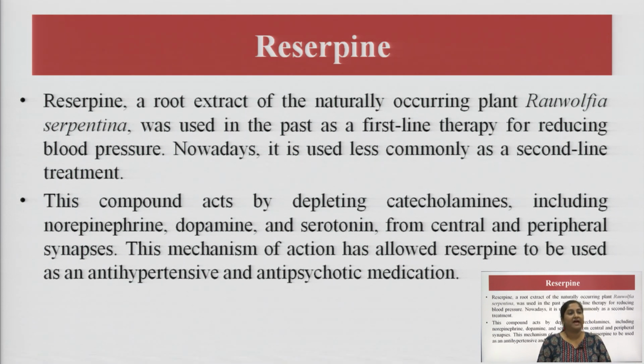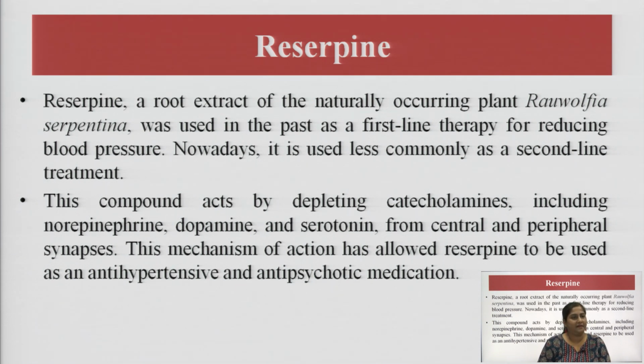These compounds act by depleting catecholamines including norepinephrine, dopamine and serotonin from central and peripheral synapses. This mechanism of action has allowed Reserpine to be used as an antihypertensive and antipsychotic medicine also.